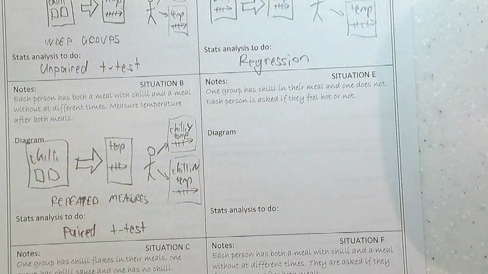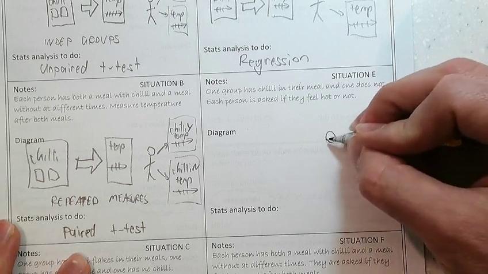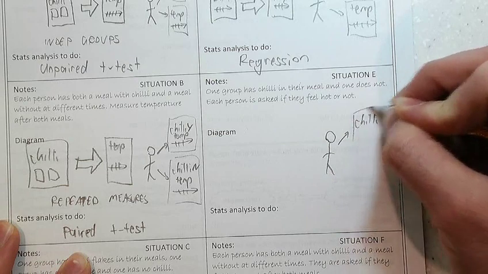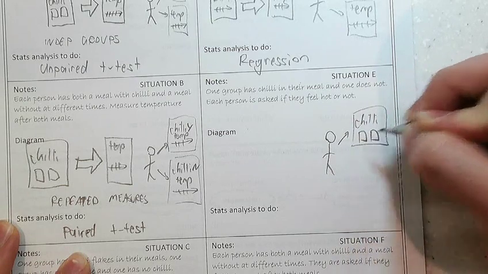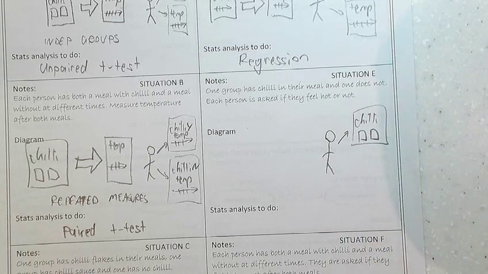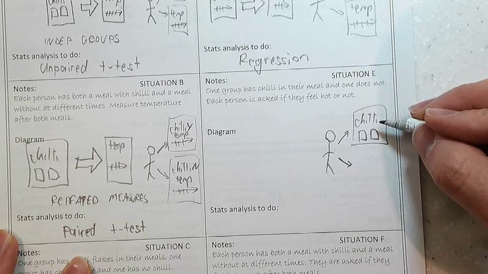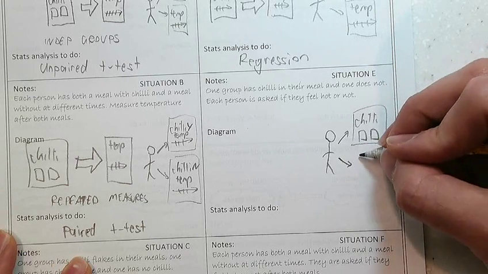Situation E. One group has chili in their meal and one doesn't. Each person is asked if they feel hot or not. So chili's now back to 2 categories. It's not a number anymore, it's a category. It's yes or no. And each person I've written down what level of chili I gave them, none or some.